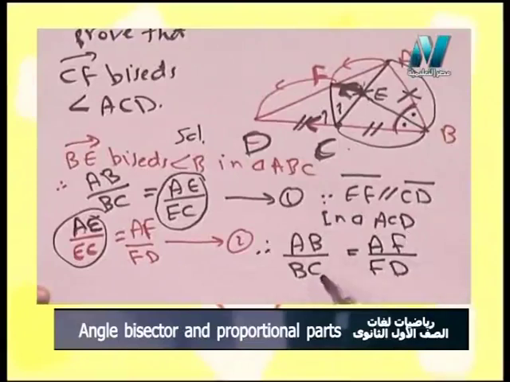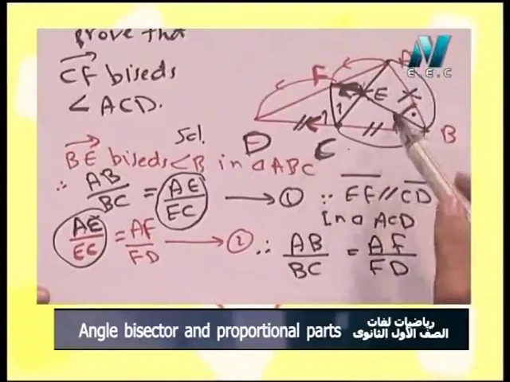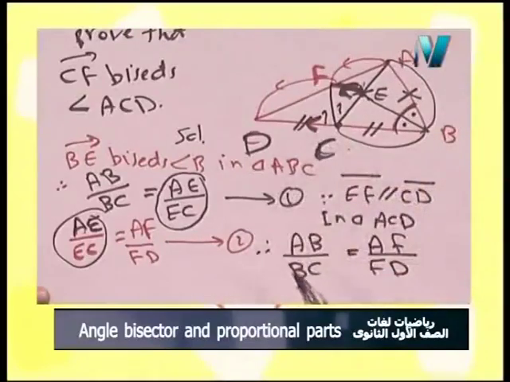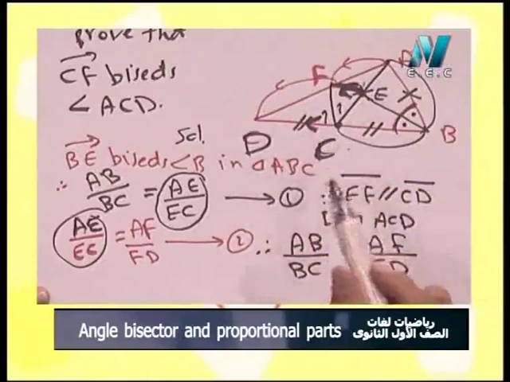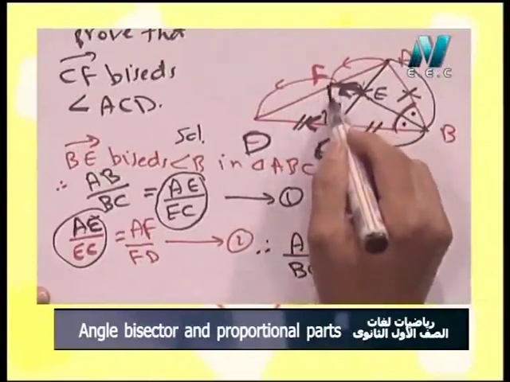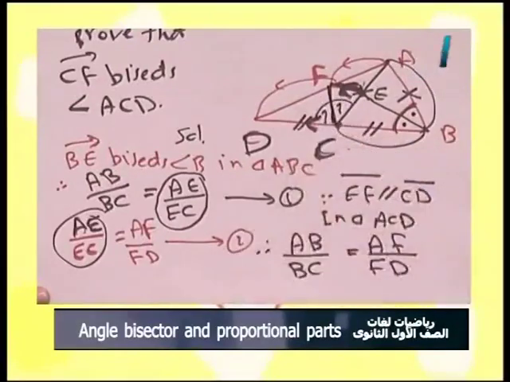When we look at AB over BC, we're still in the triangle ABC. But in fact, we would like to transfer to the triangle ACD to prove that CF is a bisector of the angle ACD. But we have a given here that BC equals CD.